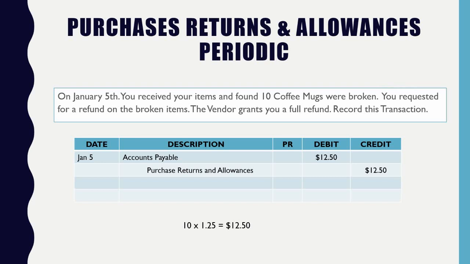They're reducing the amount that I owe by $12.50, because that's the full refund I got for those 10 coffee mugs that were cracked or broken during shipment. Any questions here?